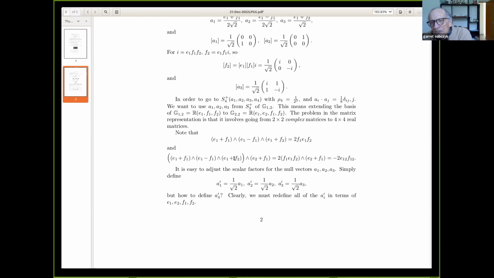I don't emphasize dual in terms of a functional, a mapping from vectors to scalars.